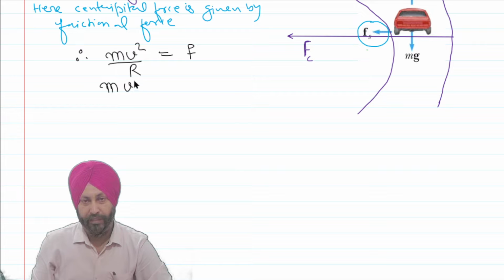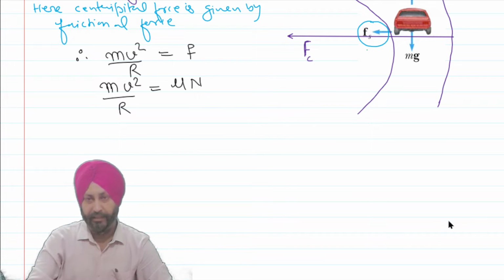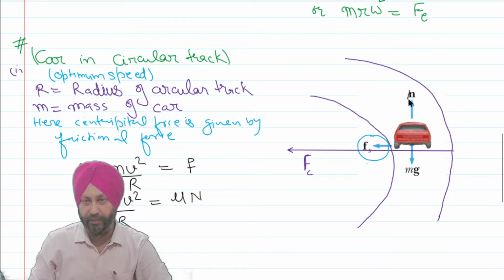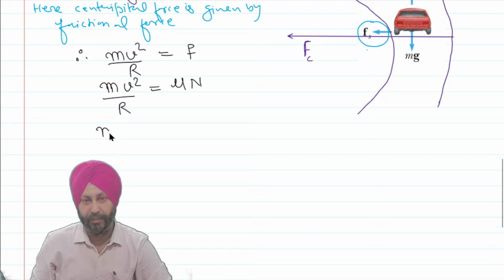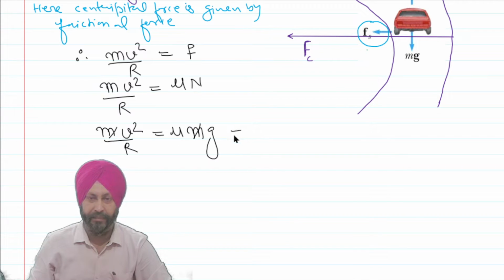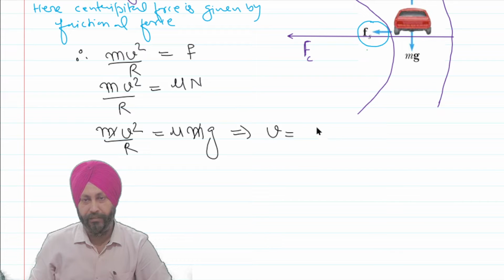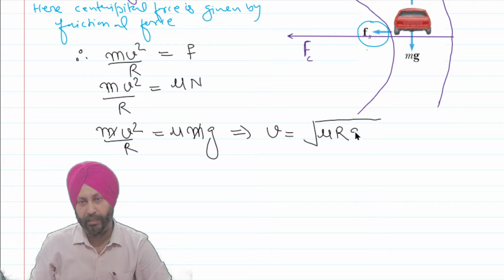Now, what is friction force? By the law of friction, it is mu N. Since it is a horizontal surface, normal reaction is equal to weight. So we get mv square by r is equal to mu mg. m and m cancel out, so we are left with v is equal to under root mu rg.